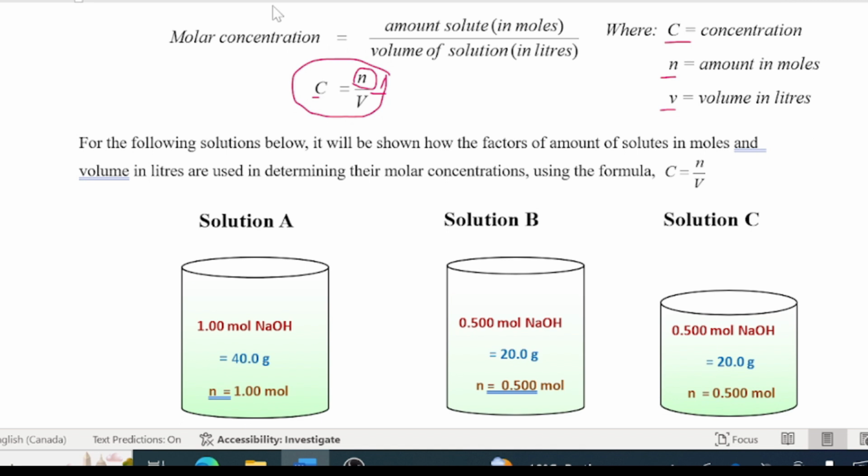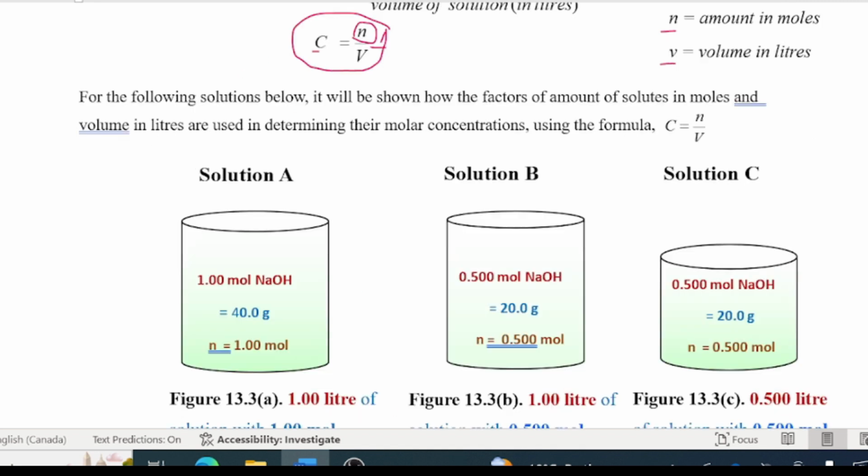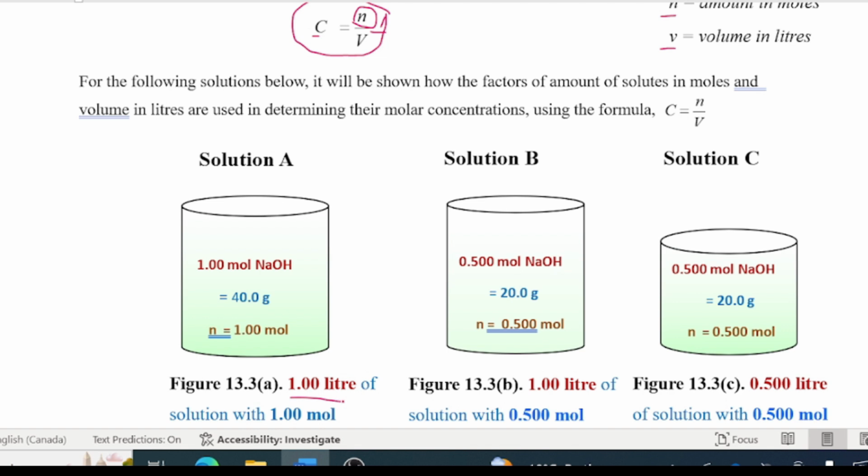So here we have, in container A, 1 liter of solution, and that's 1,000 milliliters of solution, 1 liter here, and a half a liter here. We have here 40 grams of sodium hydroxide, and if we divide that by the molar mass of sodium hydroxide, which is 40 grams per mole, you get 1 mole of that. So number of moles is 1 here, okay?